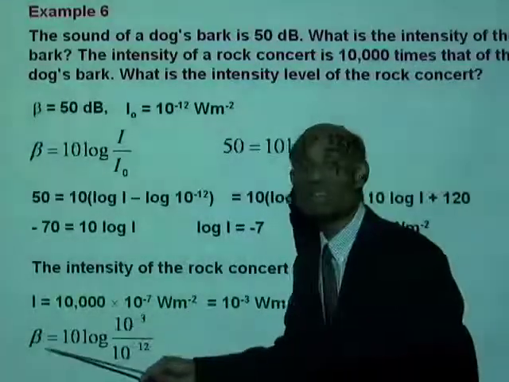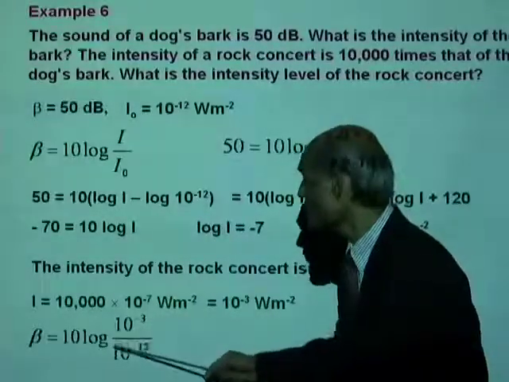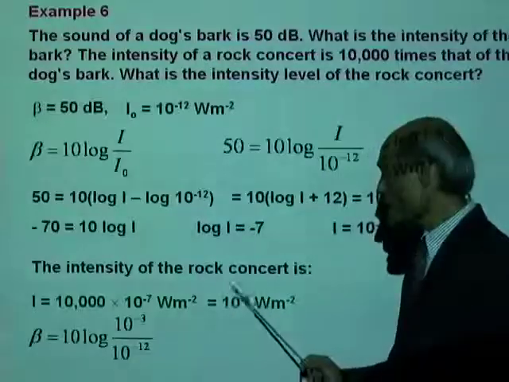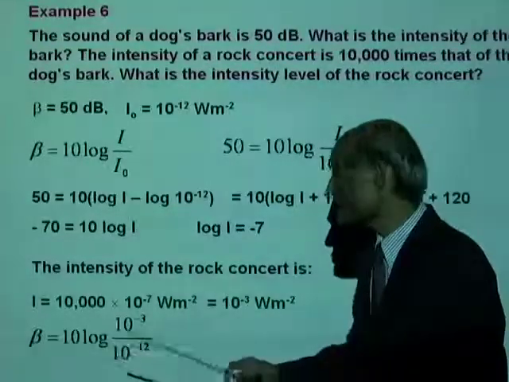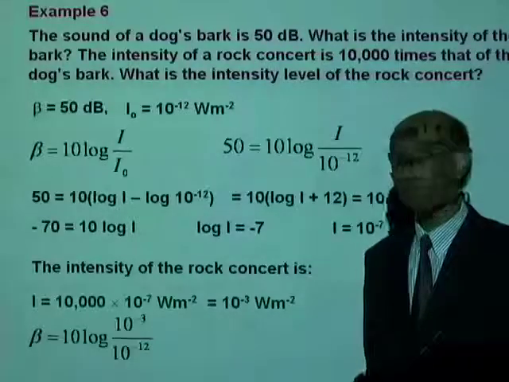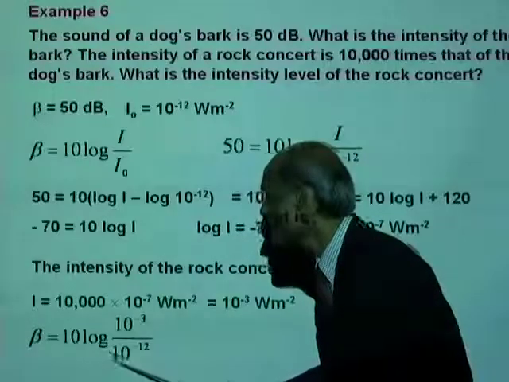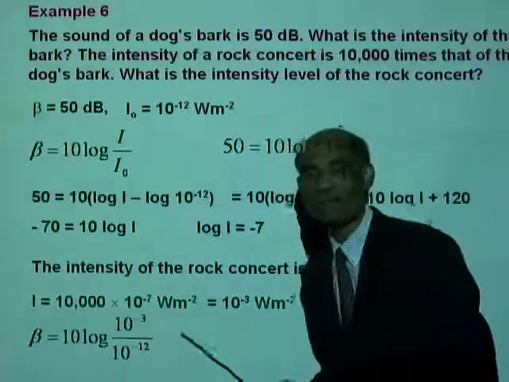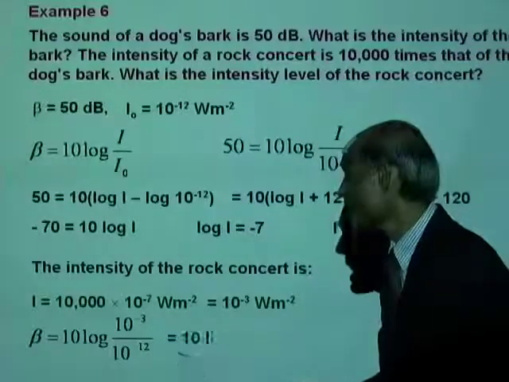Alright, beta equal to 10 log I over I0. I here is 10 to the negative 3. I0 is 10 to the power of negative 12. Tell me, what is 10 to the power of negative 3 divided by 10 to the negative 12? Alright, that is 10 to the power of 9.